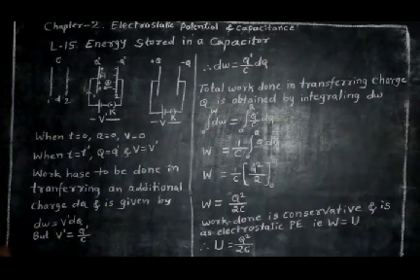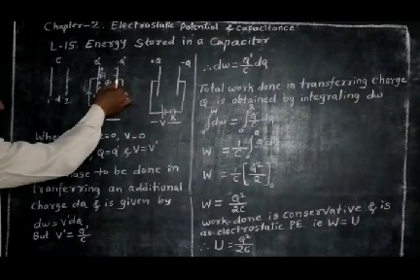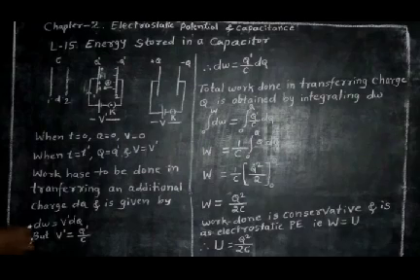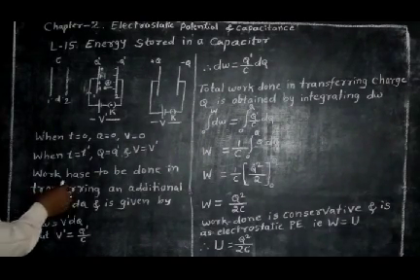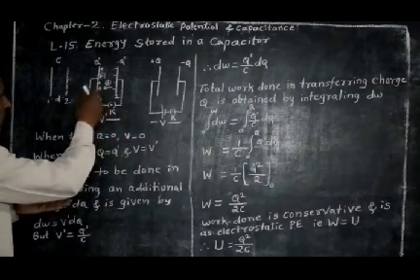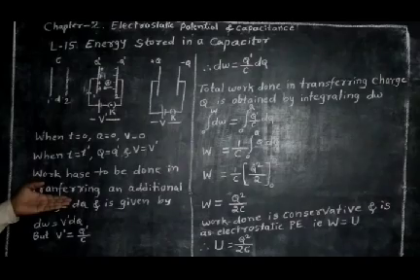That means work has to be done to transfer charge from the second plate to the first plate. And work has to be done in transferring an additional charge, as the plate has acquired plus q dash charge.